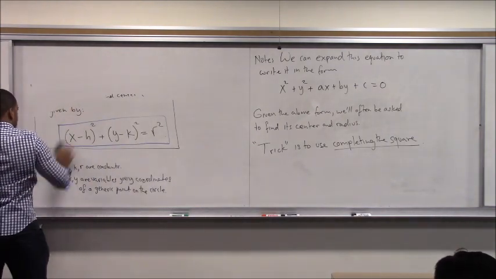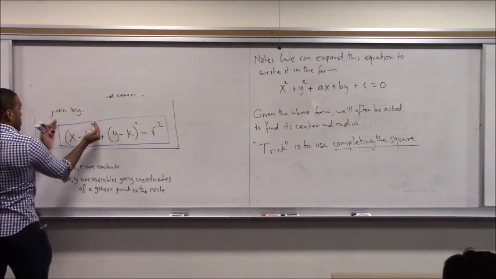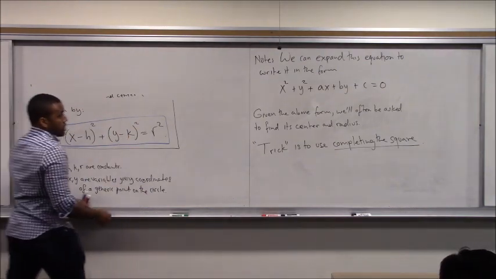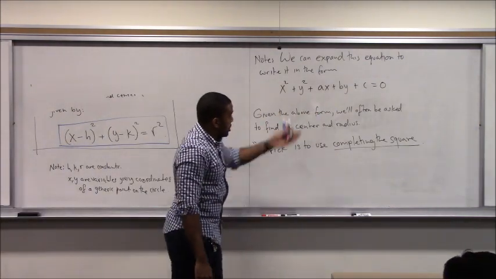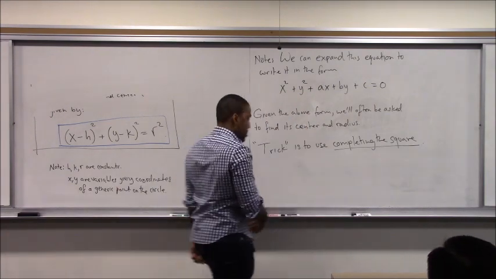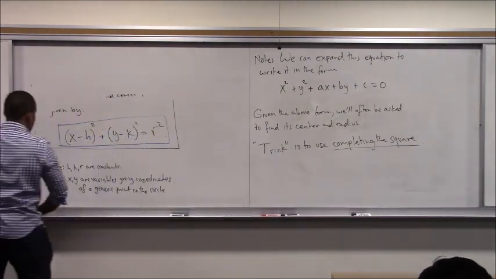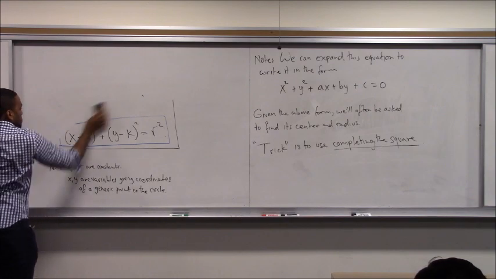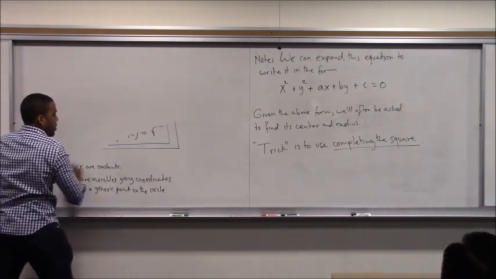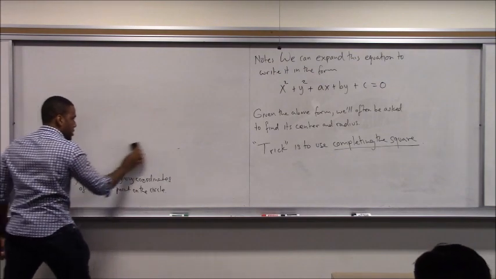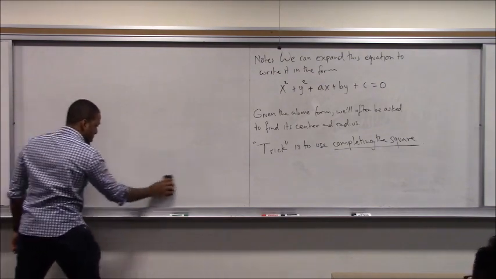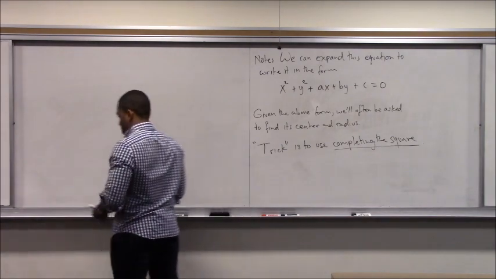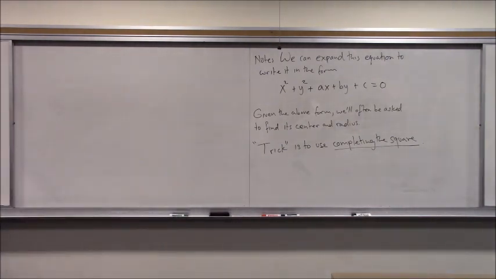You will notice that this is a complete square, and so is that. If these are not written as such, you need to create them. So you need to know how to complete the square to get this form from that form. We already reviewed completing the square, so at this point we're just going to do some examples.